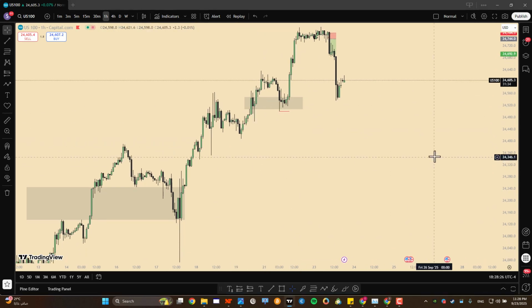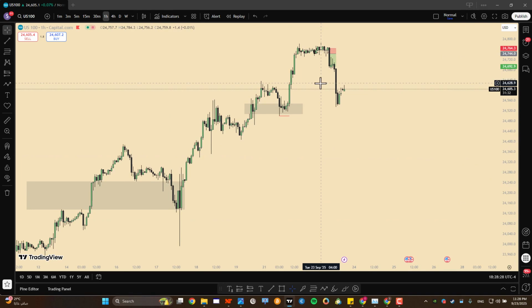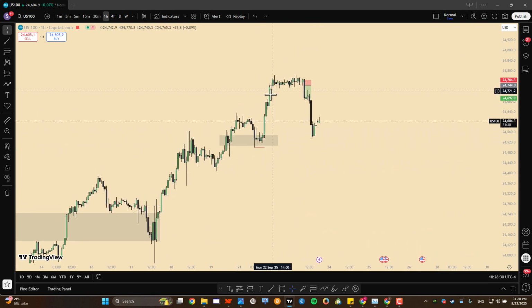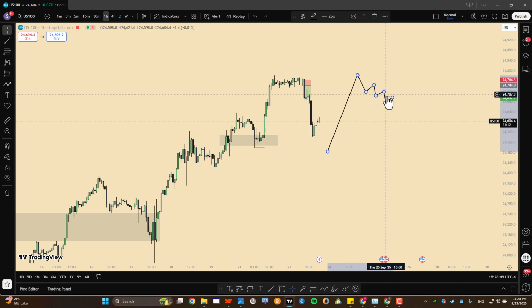Here the trend is obviously bullish. But if we talk about this leg, we have a huge expansion to the upside, and now we started consolidating, or it can be something like this. So we are either consolidating like we have today, or we are slowly pulling back.